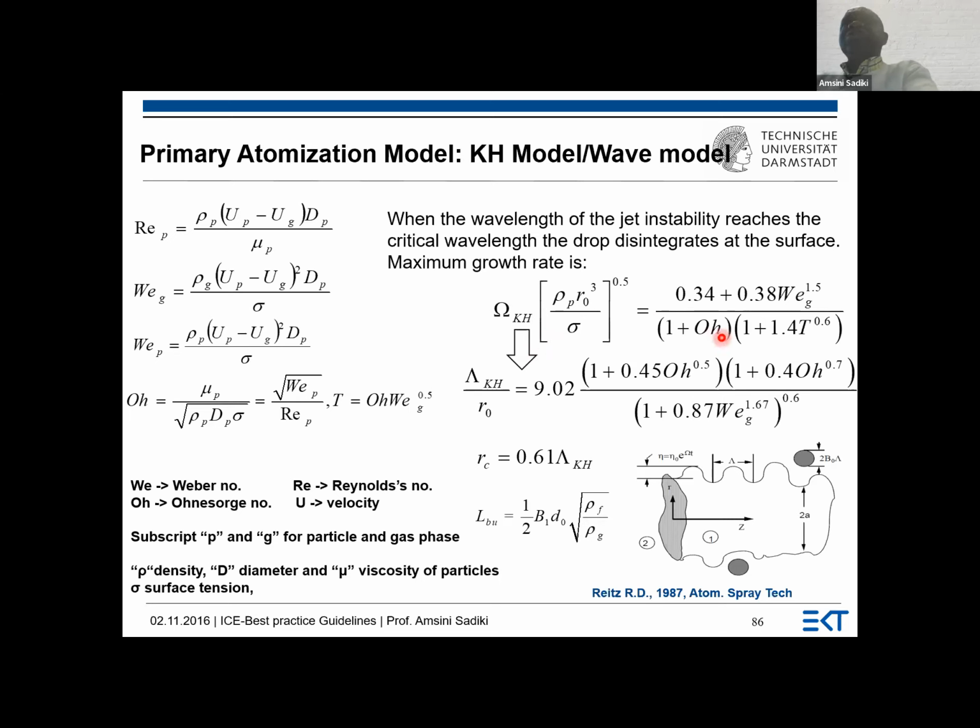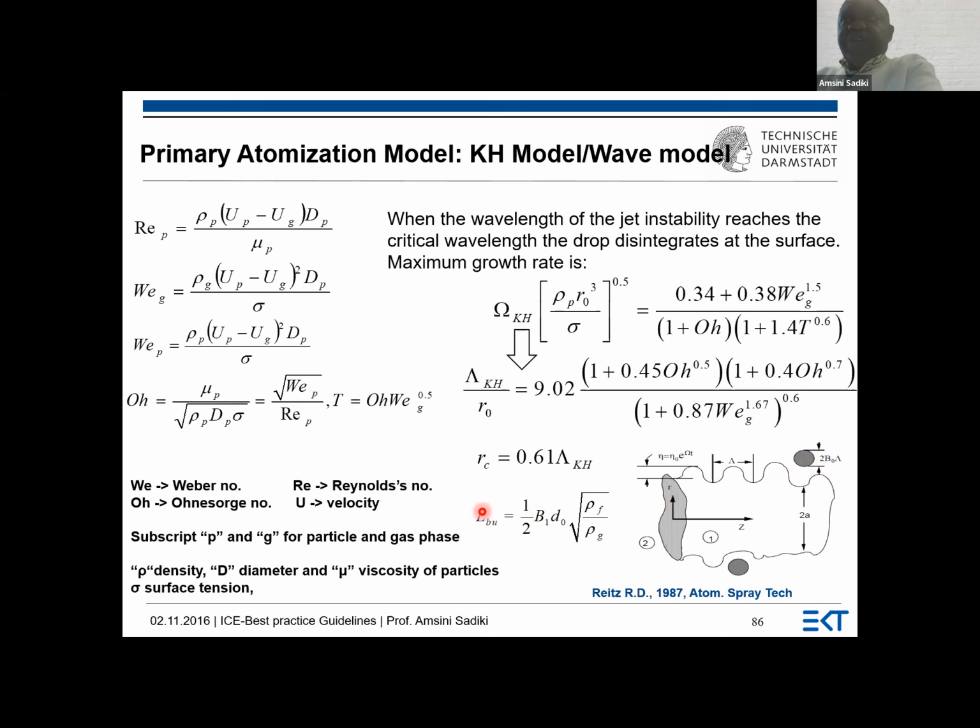I don't go into details of this. From this expression, we can derive the wave number we need, and the corresponding radius as a function of this quantity here. Then we get the relationship between the critical radius and this wave number. And from this we also obtain the diameter of the first droplets.